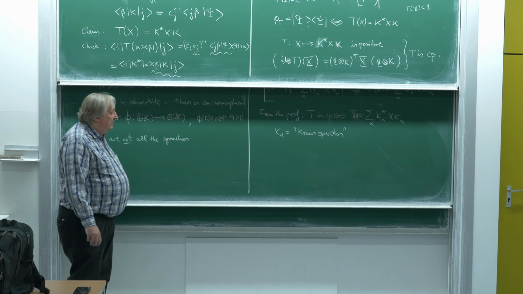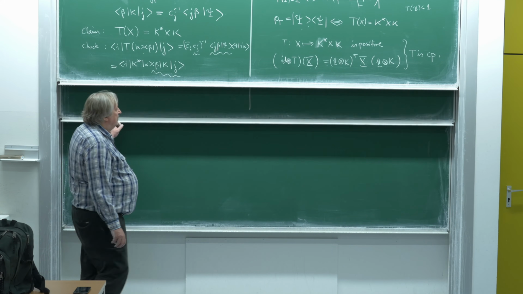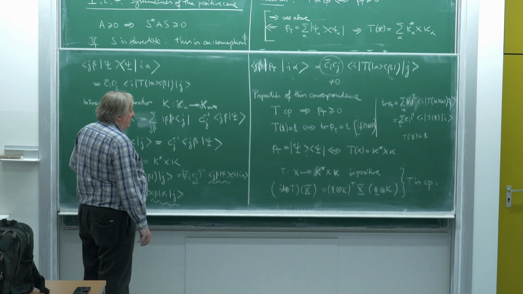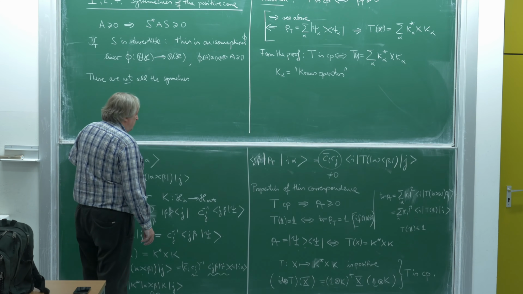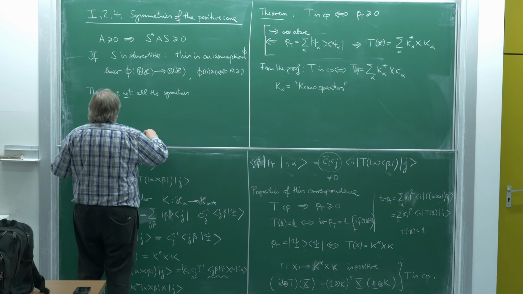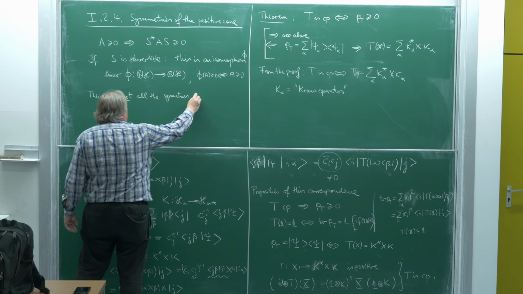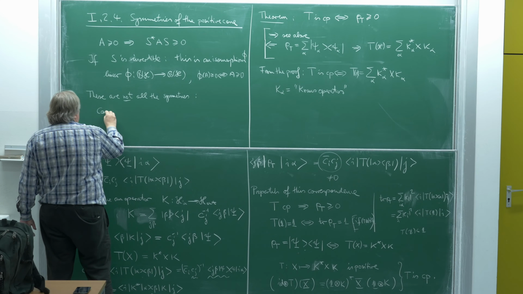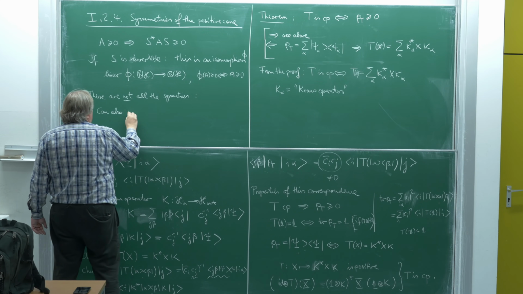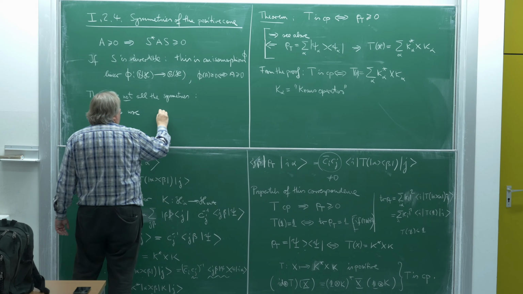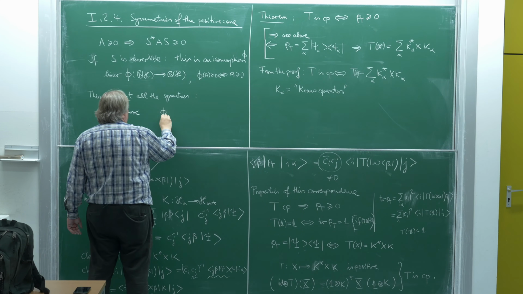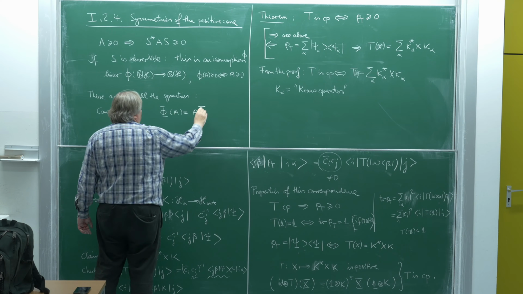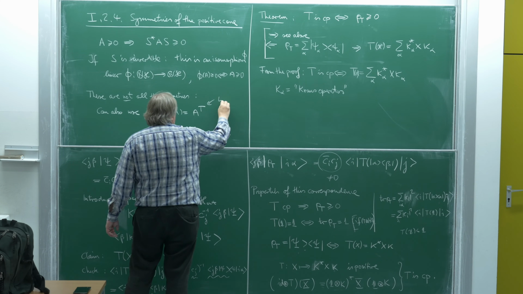Well, one other possibility is to use phi of A equal to A transpose. This is supposed to be the transpose.